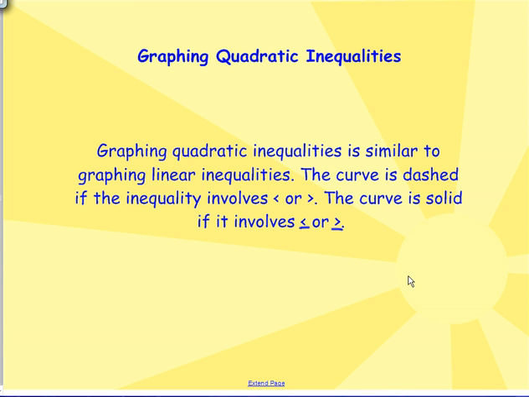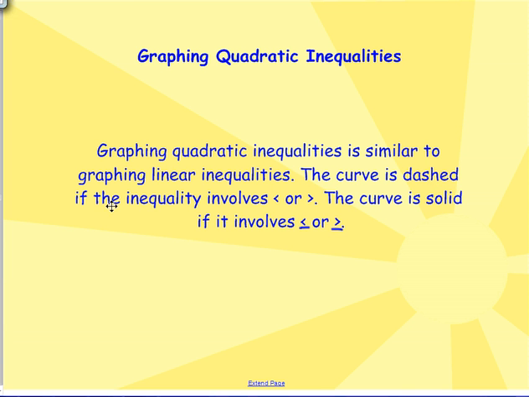So what I have written here is basically that graphing quadratic inequalities is similar to graphing linear inequalities. If you remember from when we graphed linear inequalities, we had to think about whether or not our line would be dashed or solid. In this case, it's whether or not our curve will be dashed or solid.